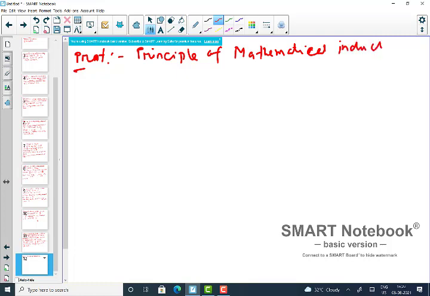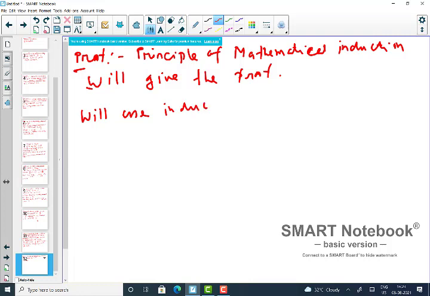What is the parameter on which we want to use the induction? We'll use induction on the cardinality of L, which is nothing but m.